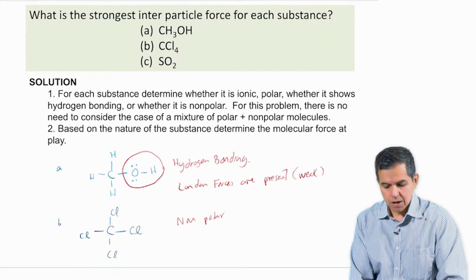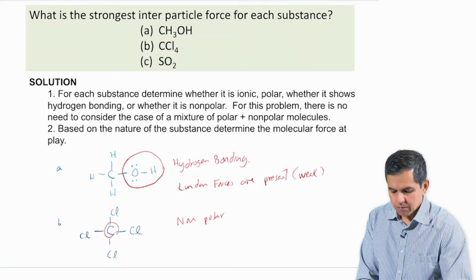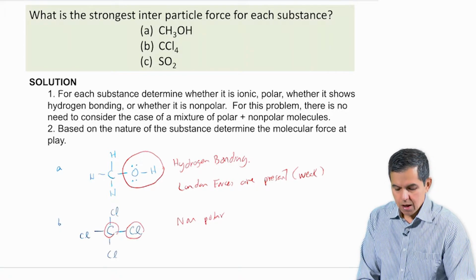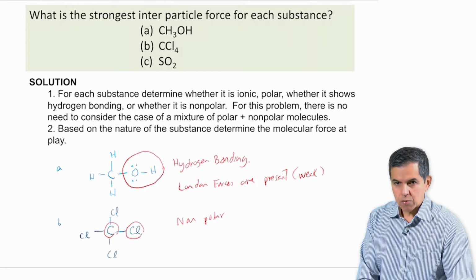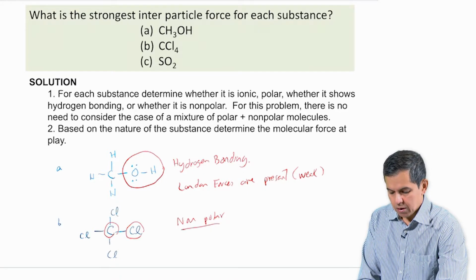Even though there is a difference in electronegativity between the carbon and each of the chlorine atoms, the geometry of this molecule causes each of these polar bonds to cancel each other out. So therefore the molecule is nonpolar.